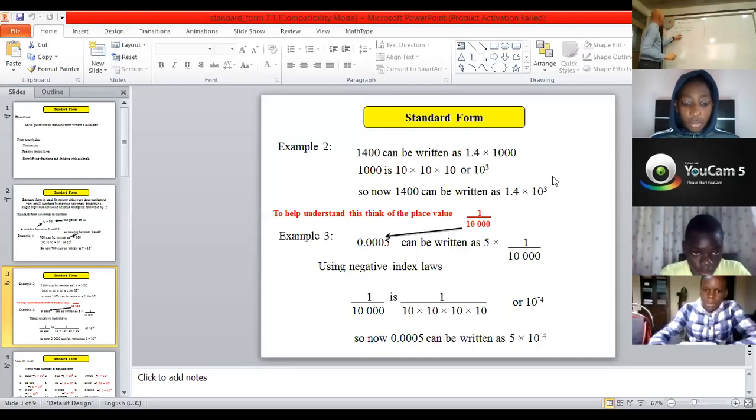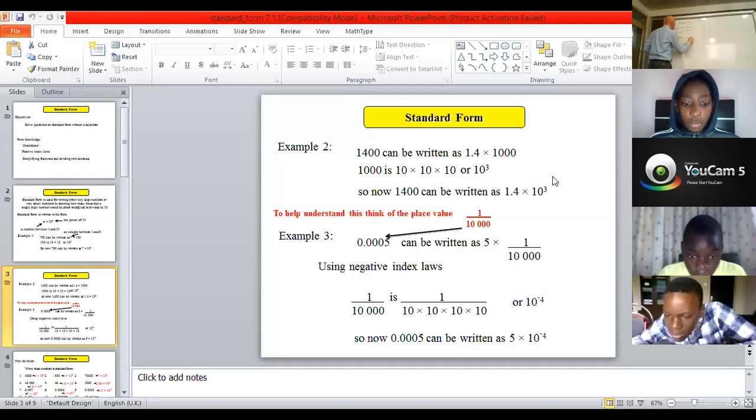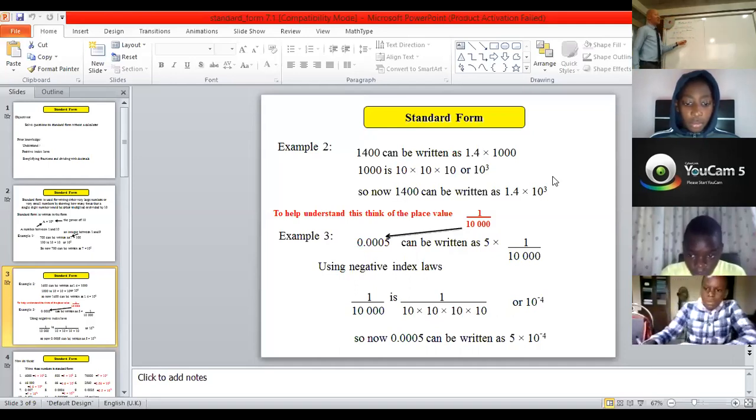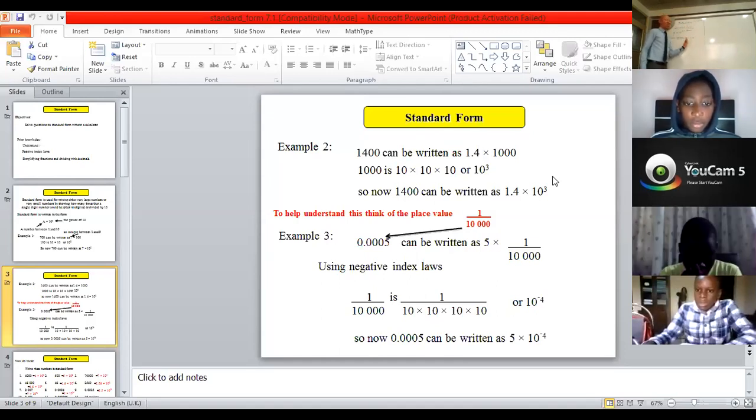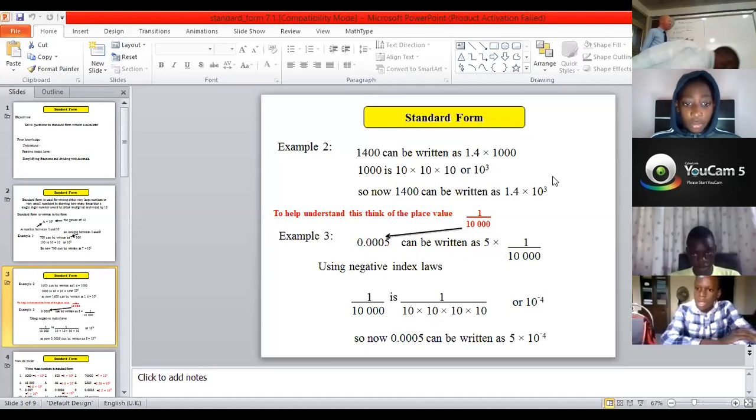This number a must be between 1 and 10. Underline between. It must not be exactly 10. It's between 1 and 10, so it can be 1.0, 1.1, 1.01. It can be a number in that format, up to 10.